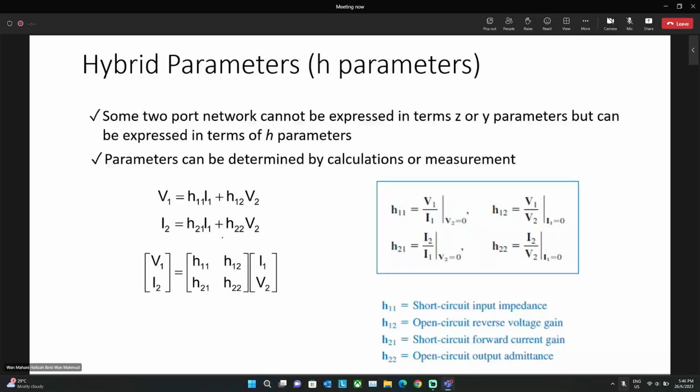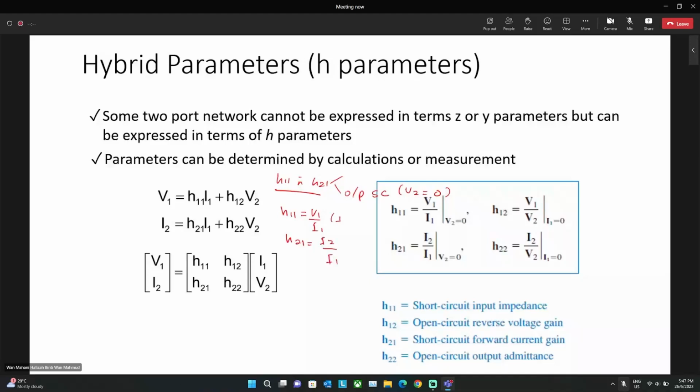Then untuk kita dapatkan H11 and H21, what we need to do is basically output port kita kena short circuit sebab kita nak jadikan V2 tu kosong so that kita boleh remove this one. Okay, remove these two. So jadi H11 ni you akan dapat V1 over I1 and H21 I2 over I1.